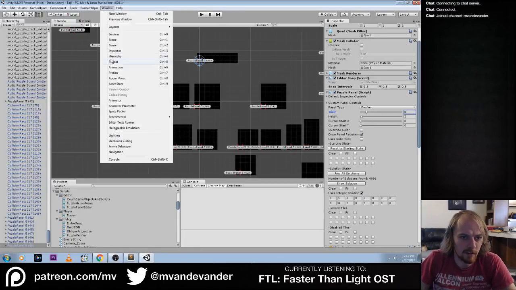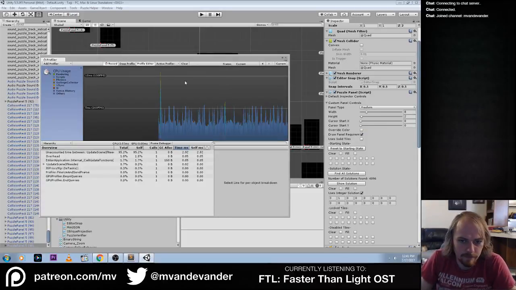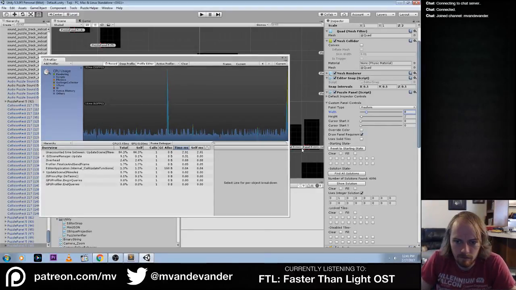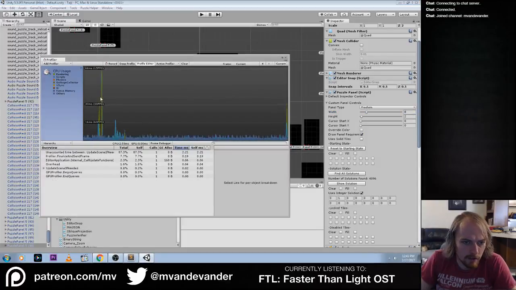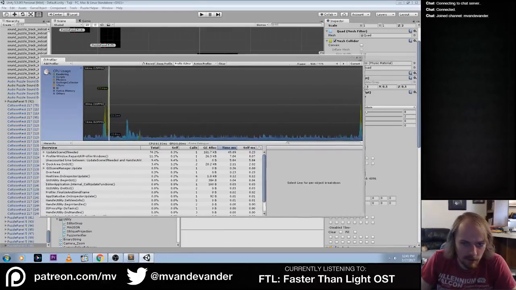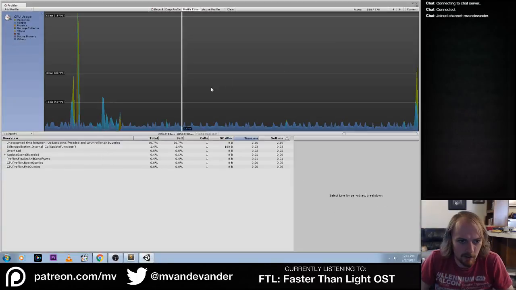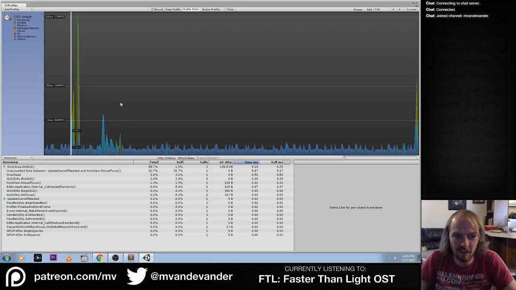It should be slow enough to clearly see on the profiler without killing it. It would be really nice if I could zoom this view, but I don't think there's any way to zoom it other than make the screen bigger. I can't zoom it horizontally to where I'm looking at less, I don't think.